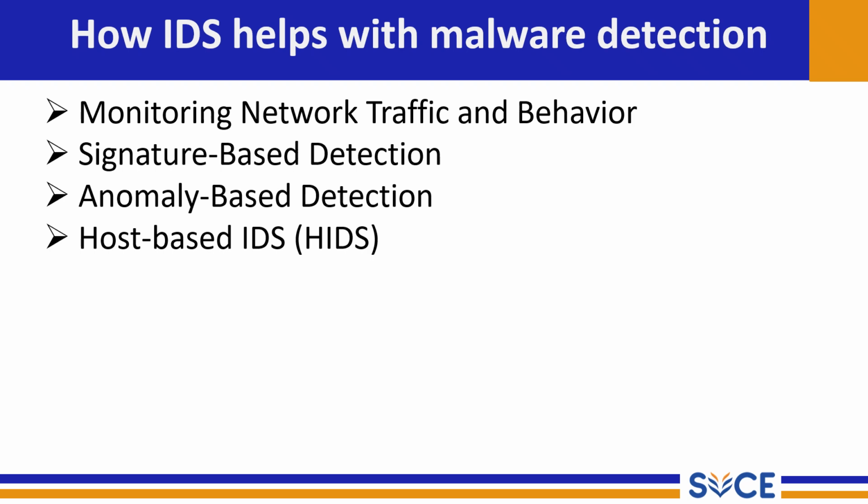Next, OSSEC is a robust open-source HIDS. And the next tool, ManageEngine Log360, is a SIEM solution with some IDS capabilities that uses UEBA to establish a baseline and detect anomalies.